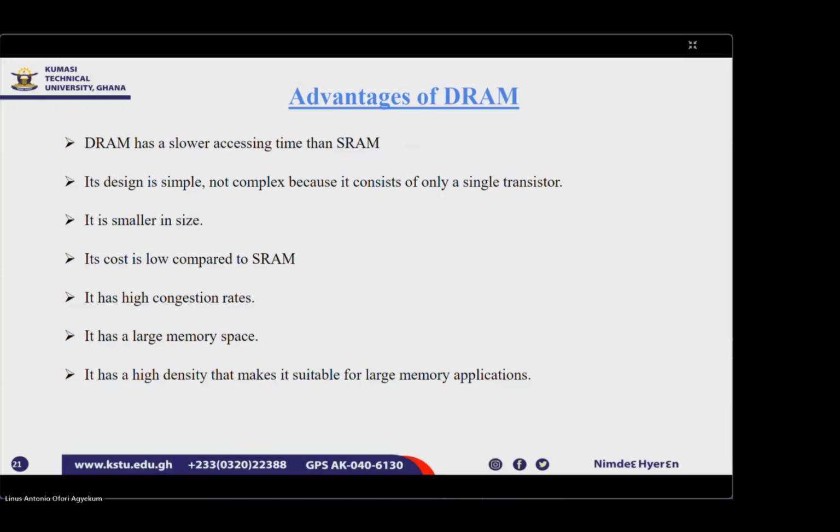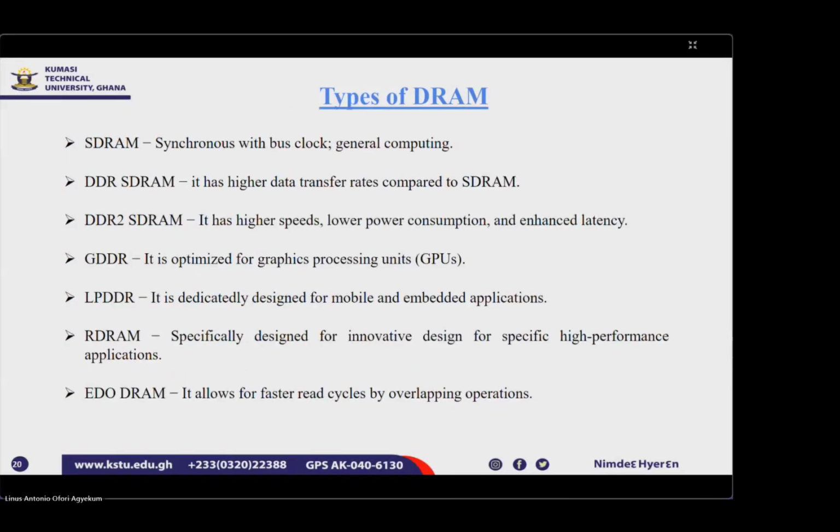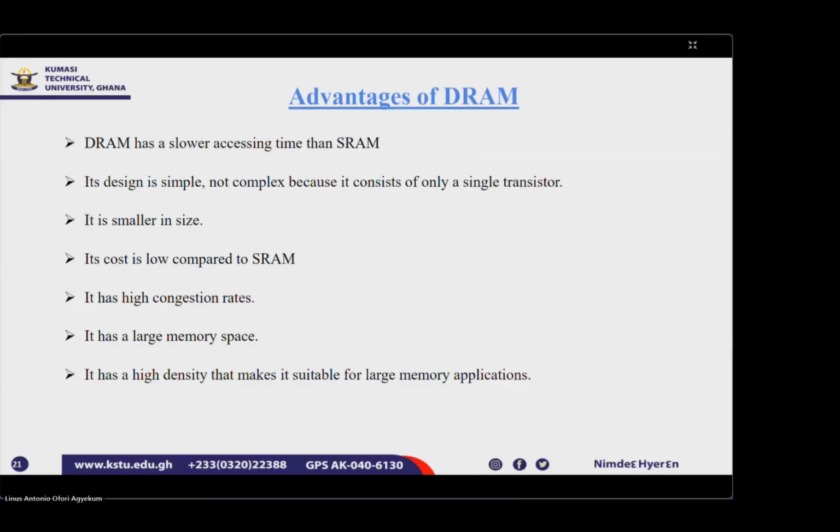So the advantages of the DRAM: it has a slower accessing time than the SRAM, and its design is simple, not complex compared to the SRAM. It is also smaller in size.